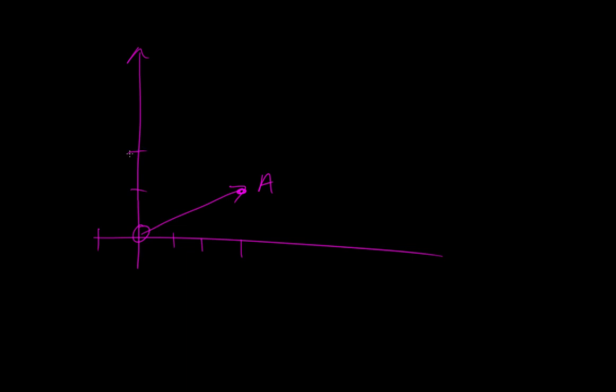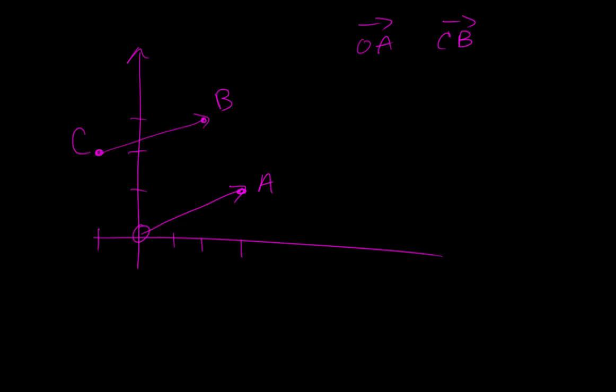We start up at 2. Then we go up 1, over 1, 2, 3. C and B. Okay, so it says write vectors OA and vector CB in component form and in unit vector form.